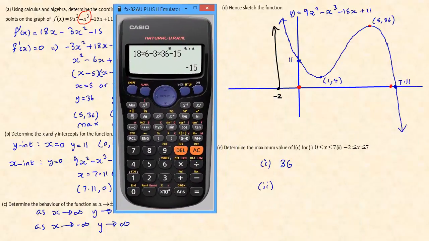So we're going to do 9 times negative 2 squared, take away negative 2 cubed, take away 15 times negative 2, add 11.